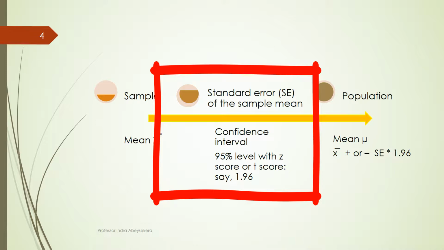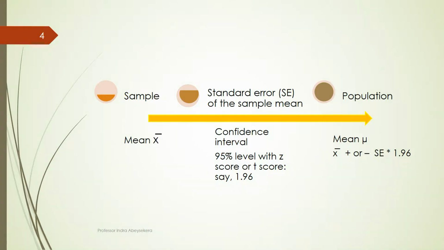If we know the standard deviation of the population, we can use Z-score. If we don't know, we can use the T-score. But if the sample size is greater than 100, then the Z-score and the T-score values become the same. And at 95% confidence level, for two-tail testing, the value is 1.96.